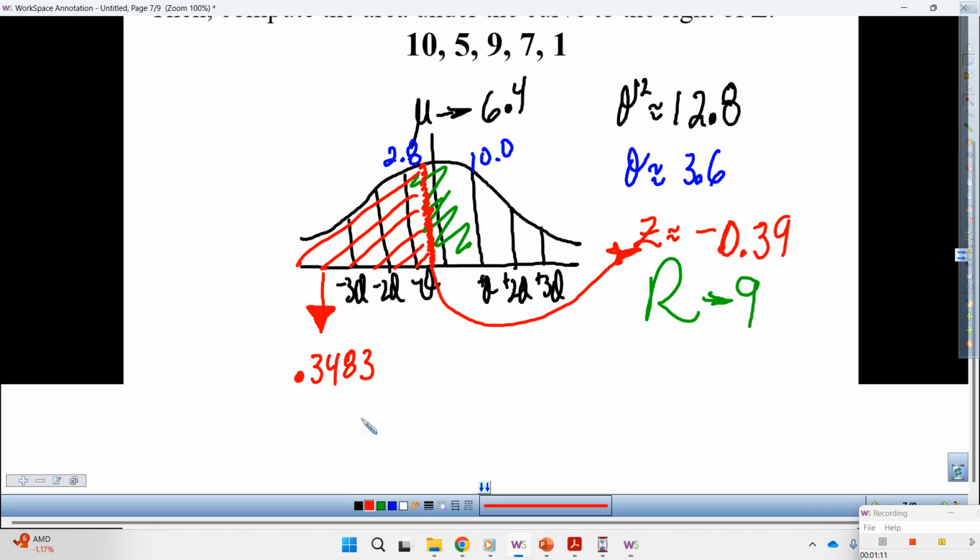It is, okay, and if we move the decimal to the right, that is 34.83%, but that's to the left. They're asking us to find the area to the right of that. Tell your neighbor what to do. Austin, what do we do to find that area to the right?